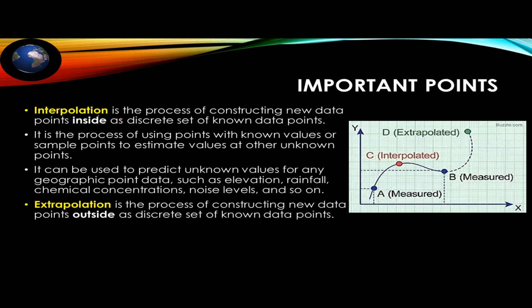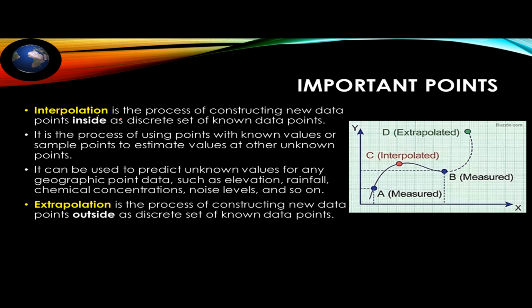Interpolation is the process of constructing new data points inside a discrete set of known data points. It is the process of using points with a known value, or sample points, to estimate values at other unknown points. It can be used to predict unknown values for any geographic point data such as elevation, rainfall, chemical concentration, noise level, and so on.